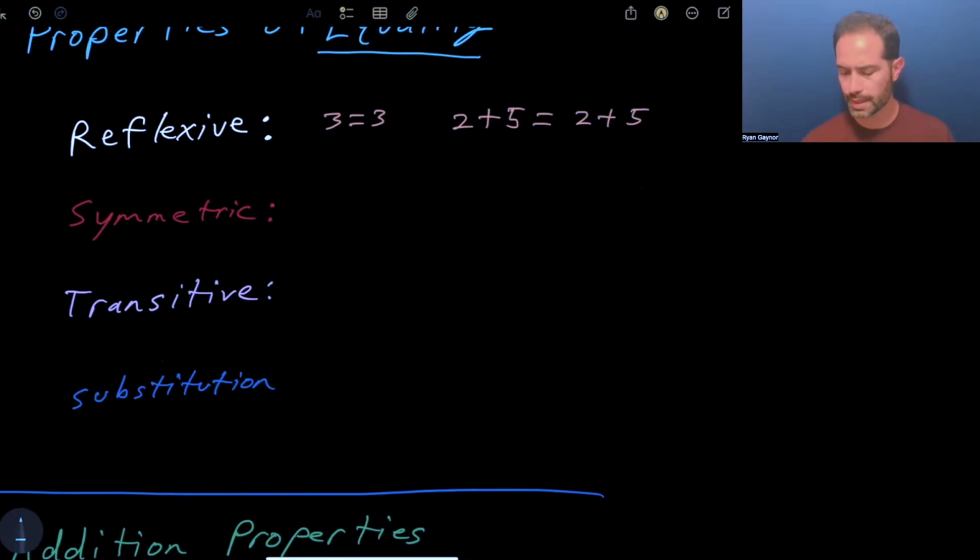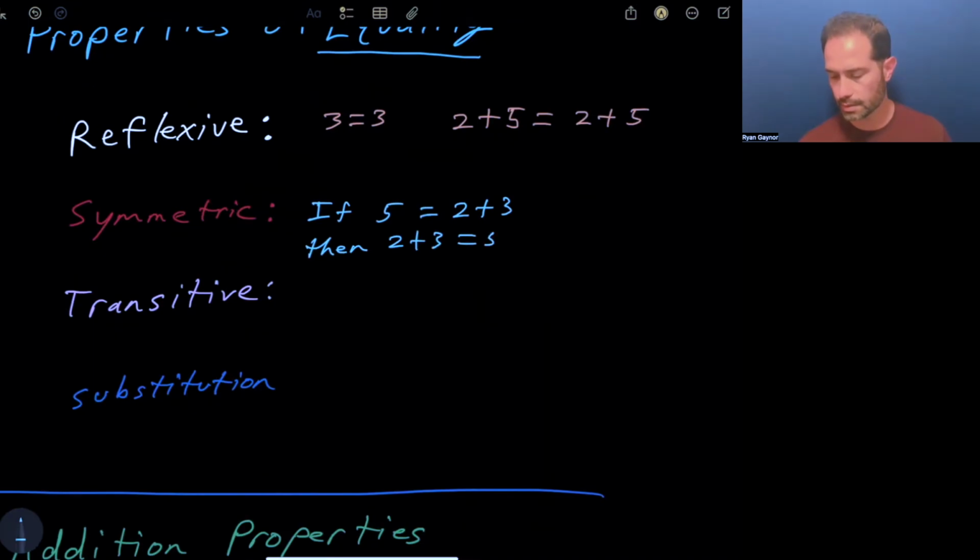If 5 equals 2 plus 3, then 2 plus 3 equals 5. That is symmetric property of equality.